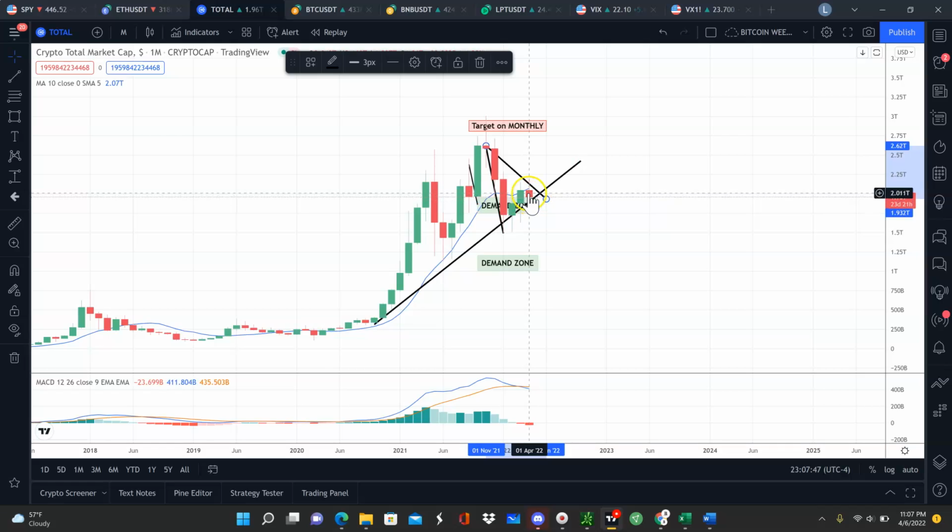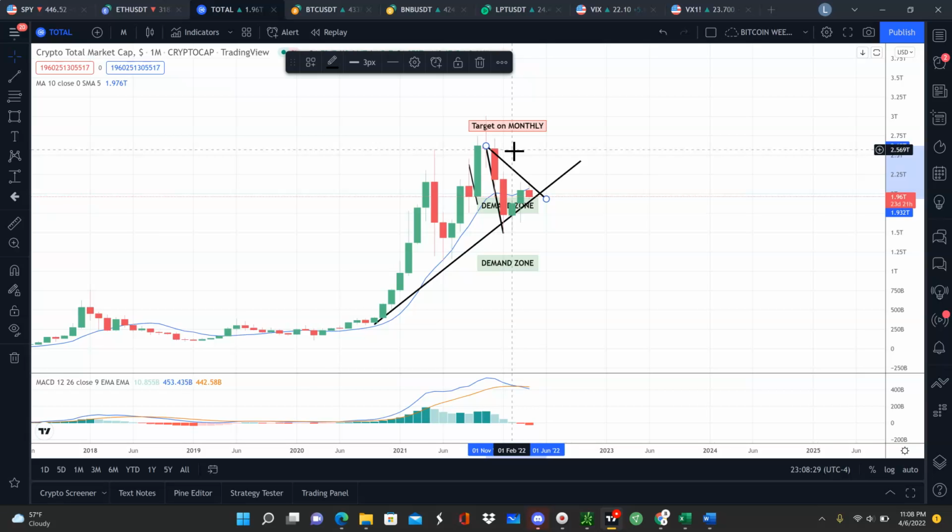Another level to be watching for this month is around 2.1 to 2.12 trillion. So not a very wide range on the crypto total market cap, but like I said in my Ethereum video, it appears as though something might be brewing on the horizon with the crypto market as a whole.